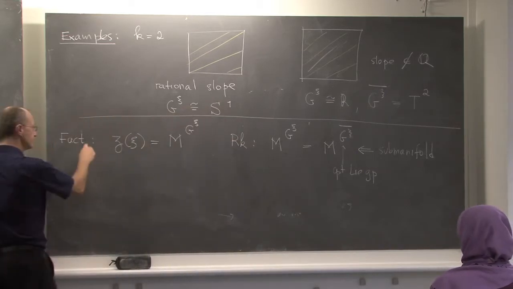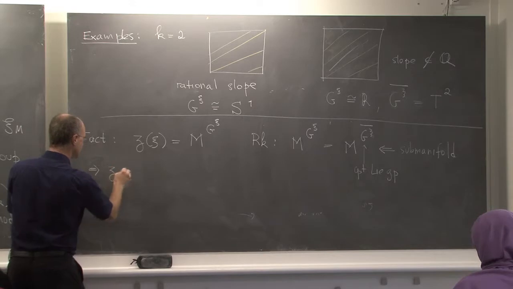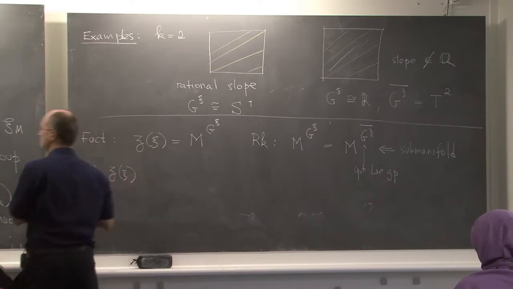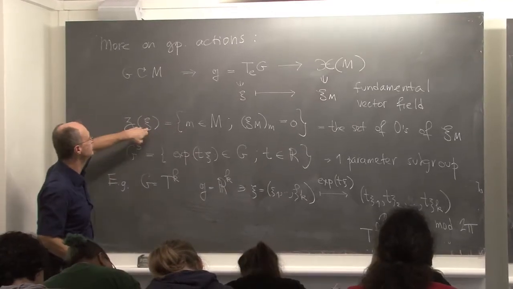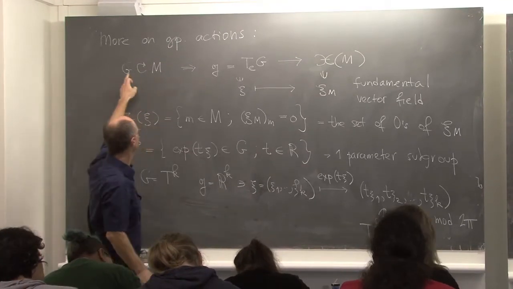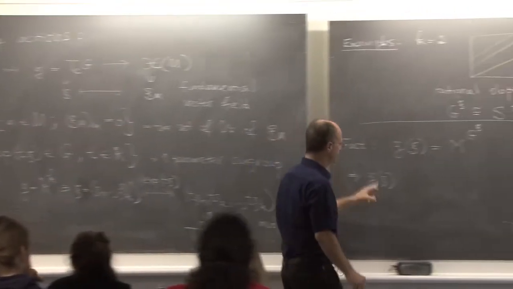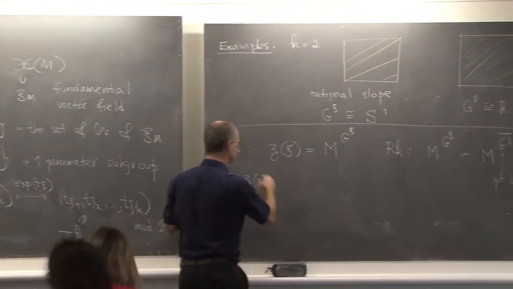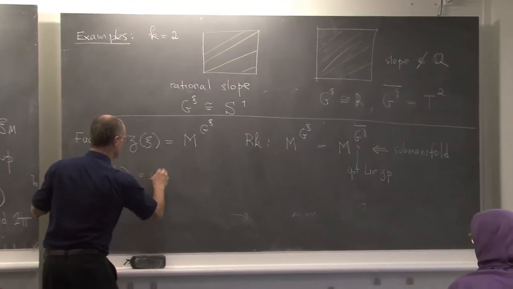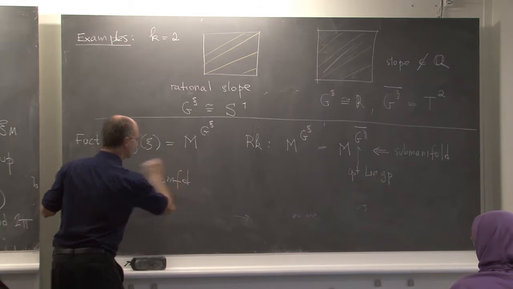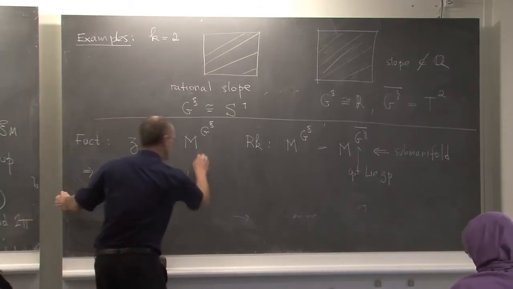So as a consequence, we see that in our case, when we look at the fundamental vector fields corresponding to the action of a compact Lie group, those sets of zeros are submanifolds.